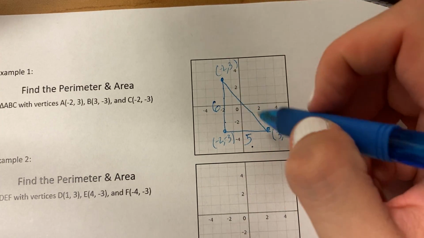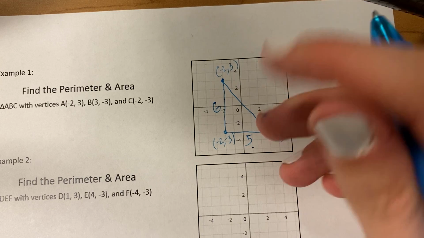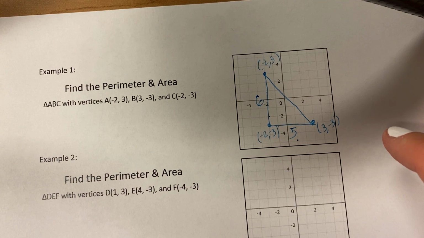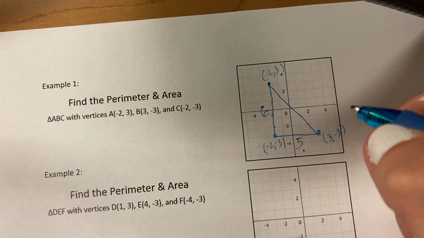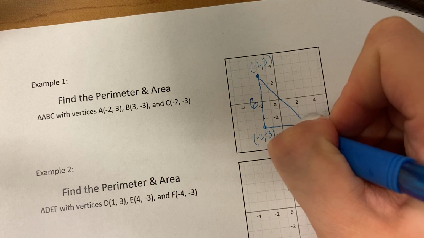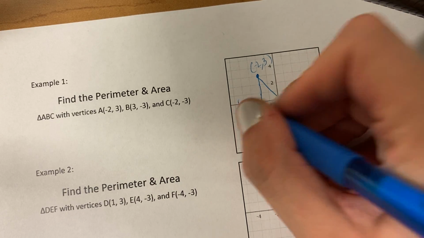But to find our length here, we have to use our Pythagorean theorem, or our distance formula, whichever one you want to use. I'm just going to use Pythagorean theorem because we already know what A and B are.